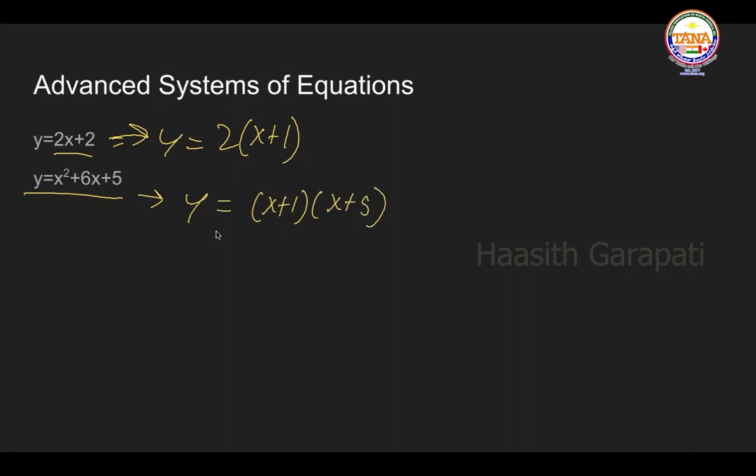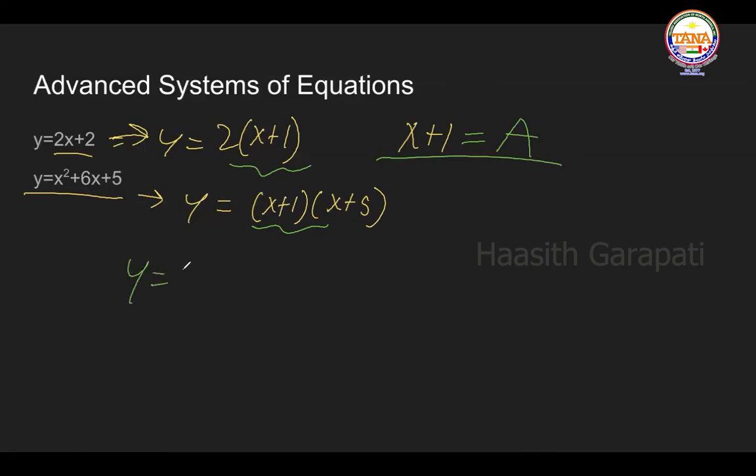One thing you can do is notice that there's a common algebraic term between these, x plus 1, and you can set it equal to a variable, like say x plus 1 is equal to a.